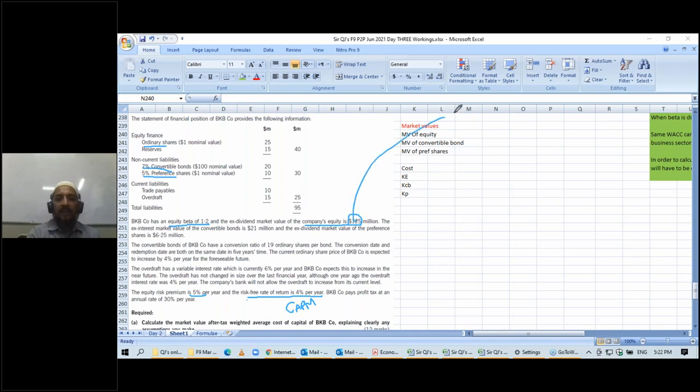So this will be taken over here as market value, and then the next paragraph is on convertible bonds.